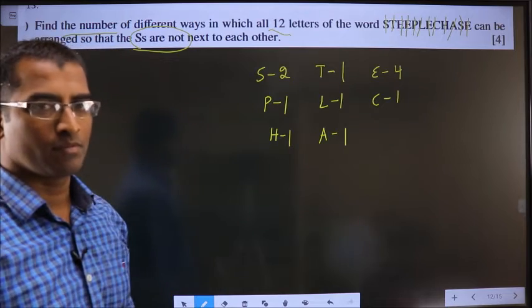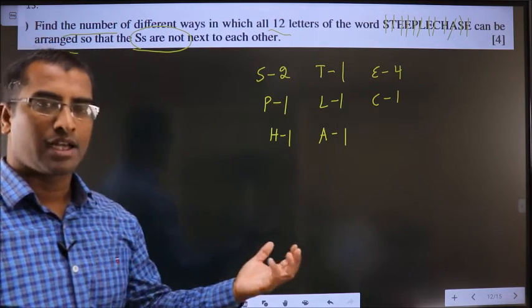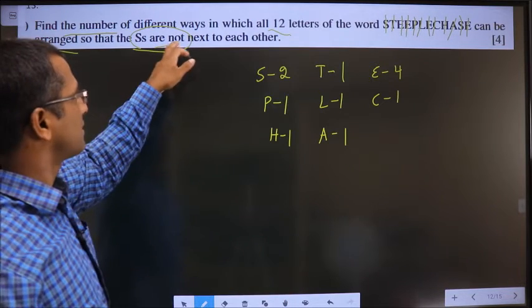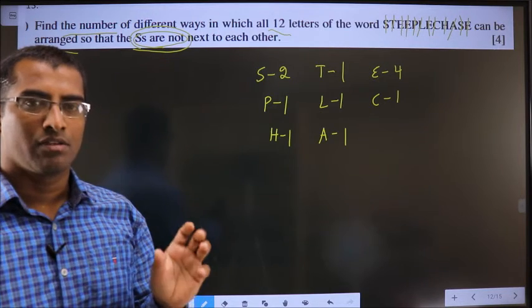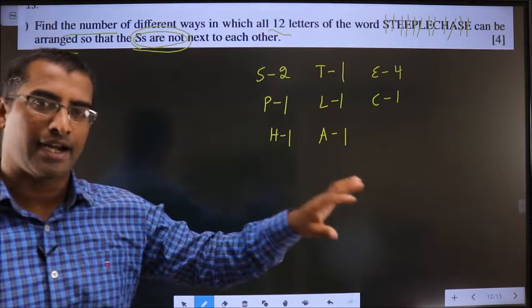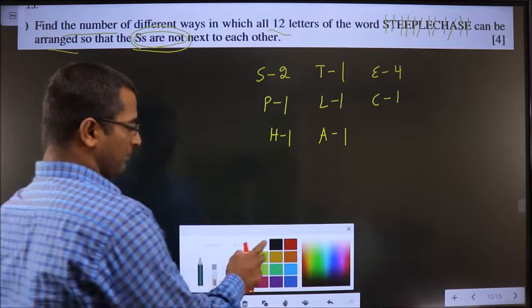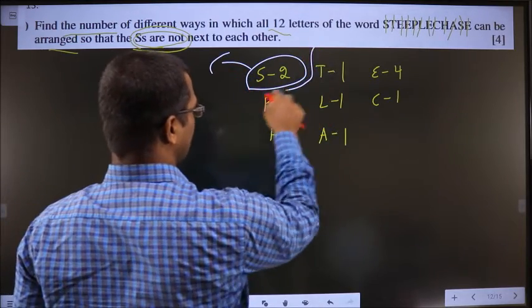Okay. These 12 letters are arranged. The condition that should be satisfied is the S's are not next to each other. Whenever something should not be next to each other, put them aside and arrange the remaining letters. Put the S's separately and arrange all this.